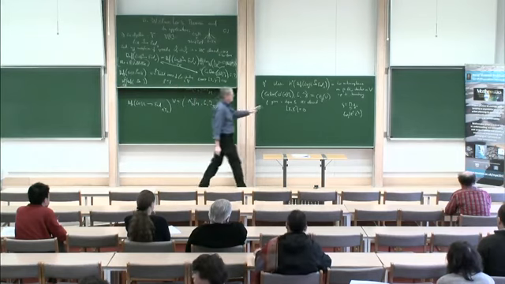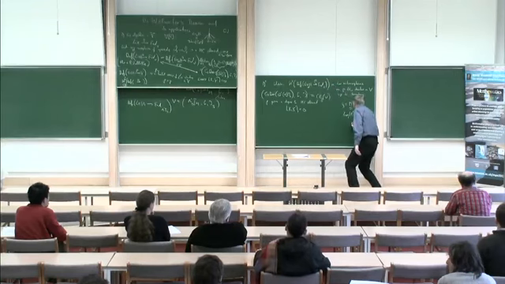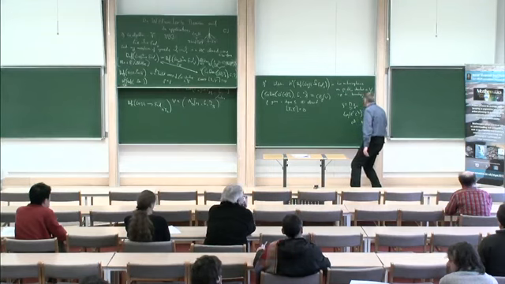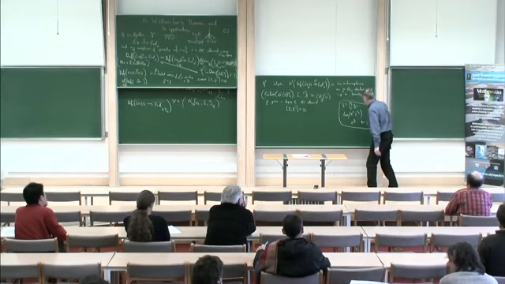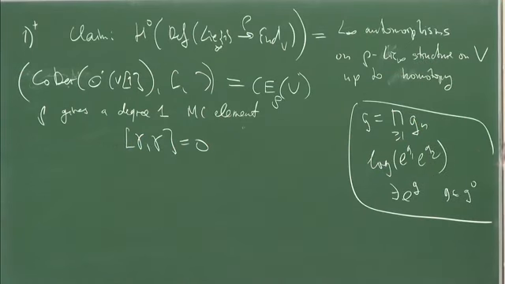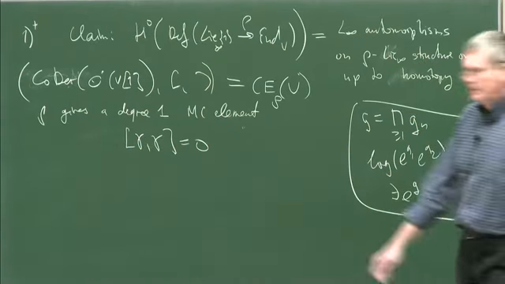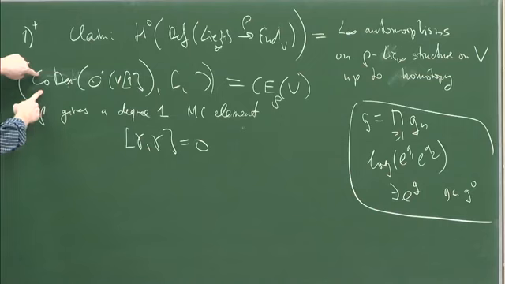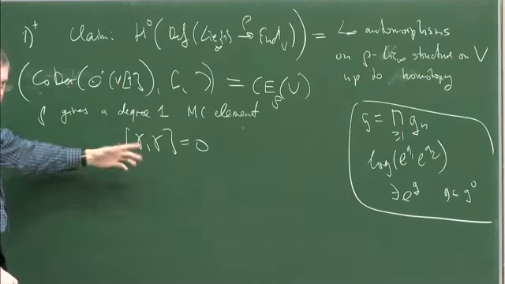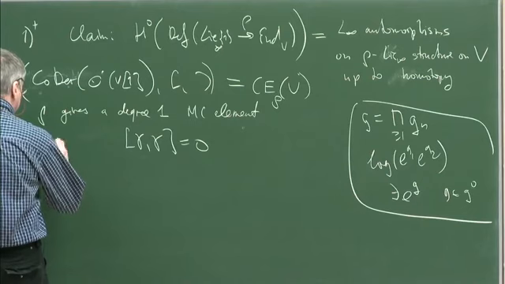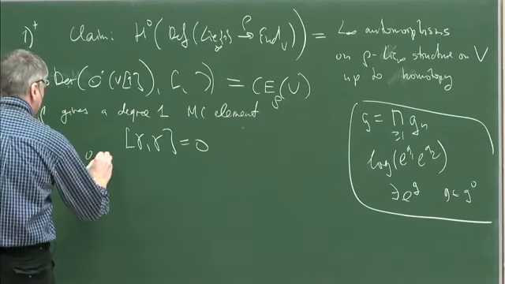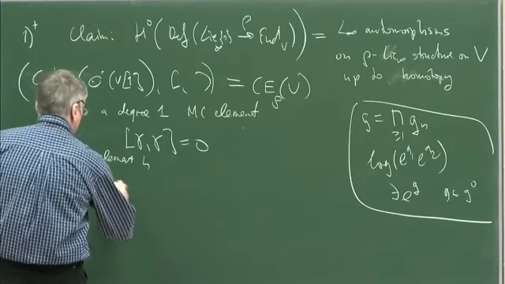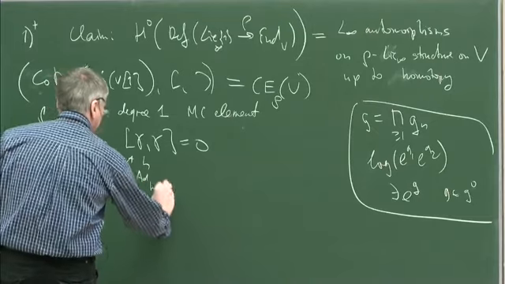We have no problem taking the exponent of degree 0 elements in G. What I claim is that it exists just due to the weight filtration. But then degree 0 elements here act on Maurer-Cartan elements, right? So given any degree 0 element, say H, I can define a new one through the adjoint action.